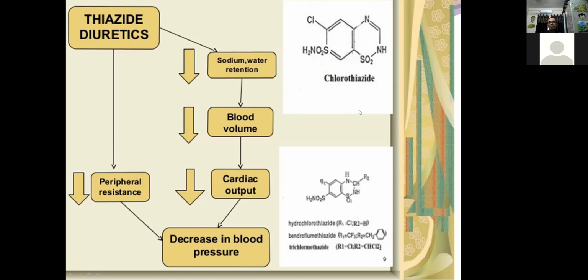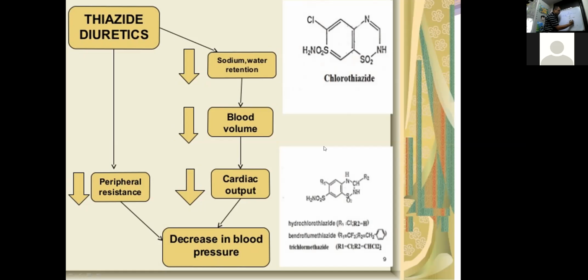So you can just write the structure of this compound. Nitrogen, SO2, NH, double bond, chlorine at the second position, SO2, and then SO2 and S. This is the structure of chlorothiazide.